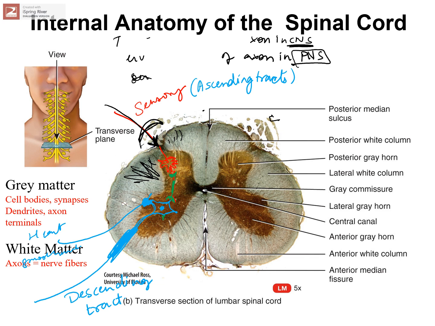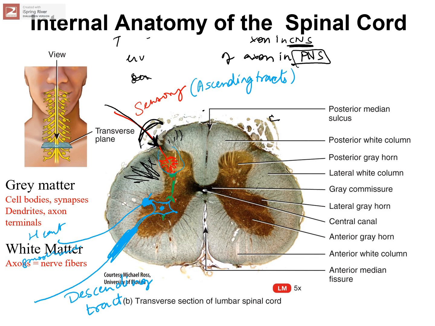Descending tracts, because the command from the brain is carried down to different parts of the body. Now, these sensory and motor tracts of the spinal cord are obviously continuous with the sensory and motor tracts of the brain, without which communication cannot occur, right?